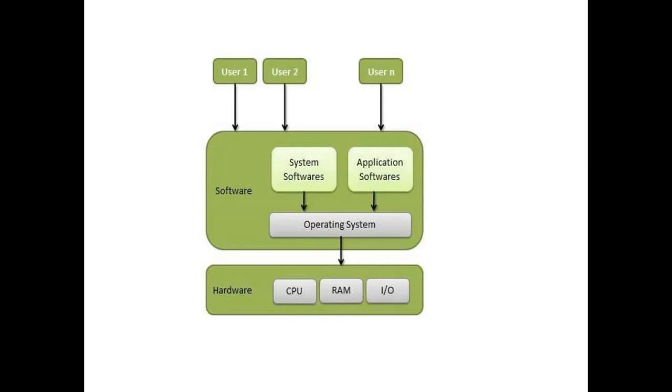Because the first thing you see on your screen when you open your computer is an operating system welcoming you to the inside of the computer. Your applications, your games, whatever you're doing on your computer, you use because of an operating system.